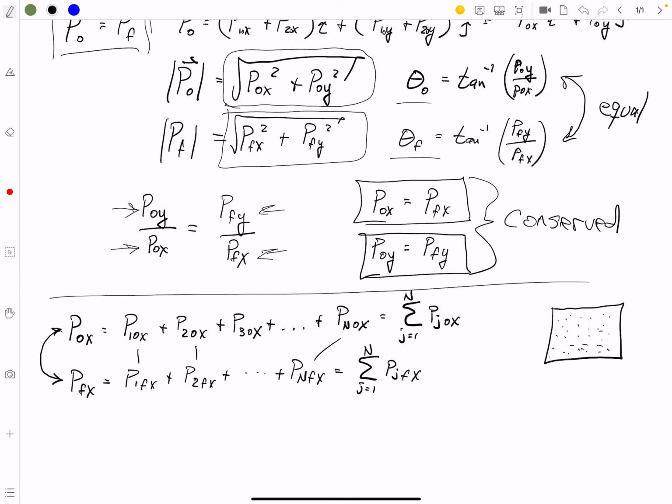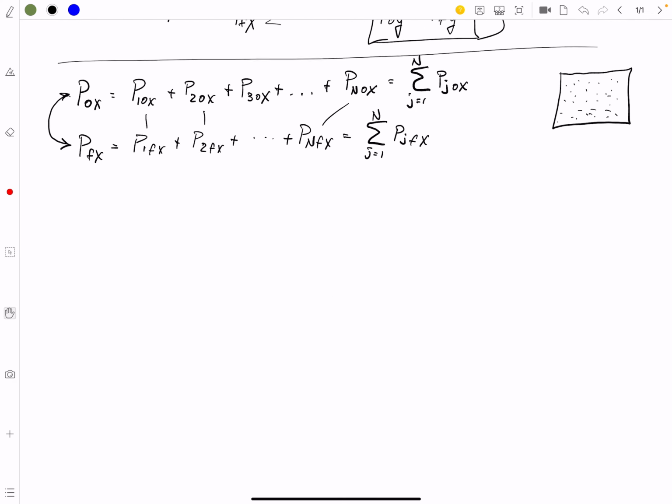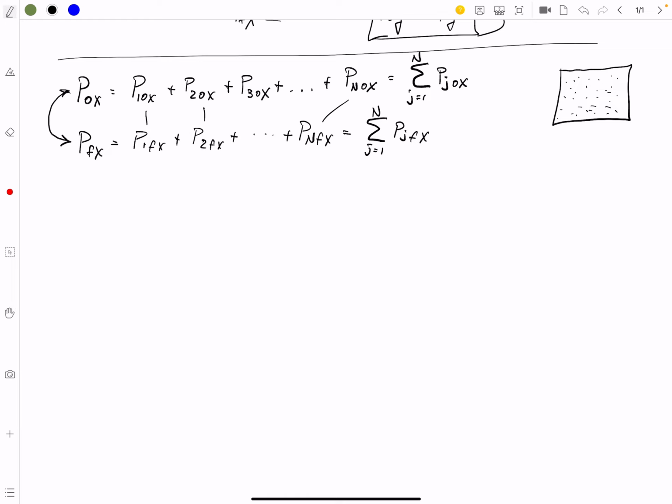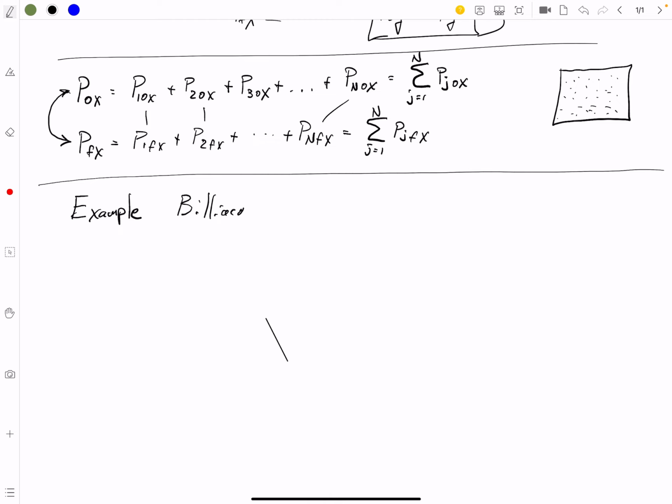Okay, let's do an example. We're going to do an example. So I think it may have been one of the students yesterday brought up billiard balls. Okay. Billiard balls is a great example. So we're gonna do billiard balls.